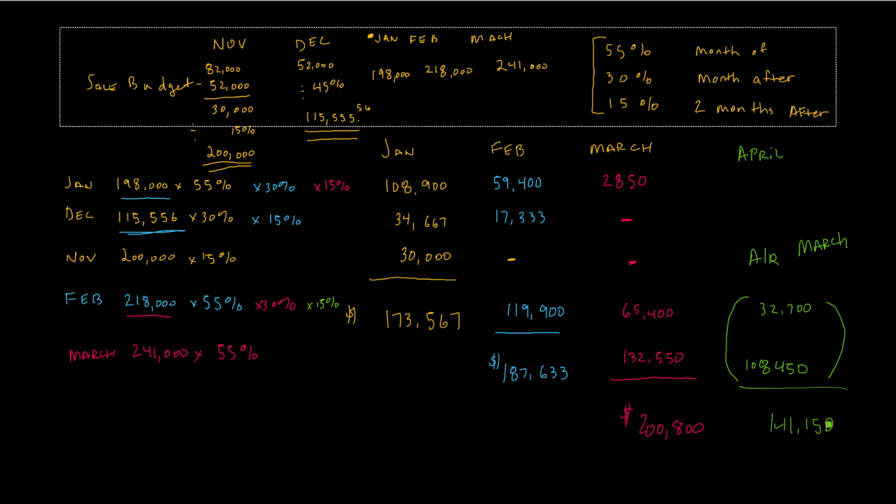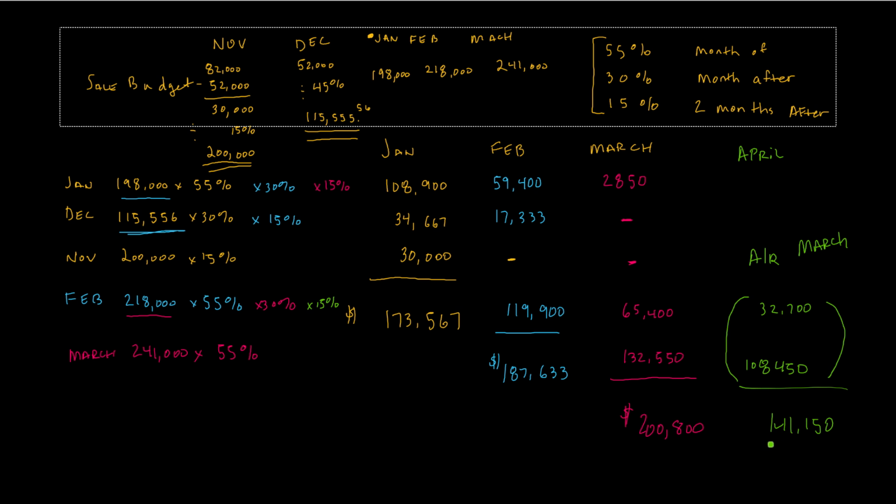141,150. Now, how does this relate? Let's say I ask you to tell me what April, May, and June cash collections are, just like in this problem.